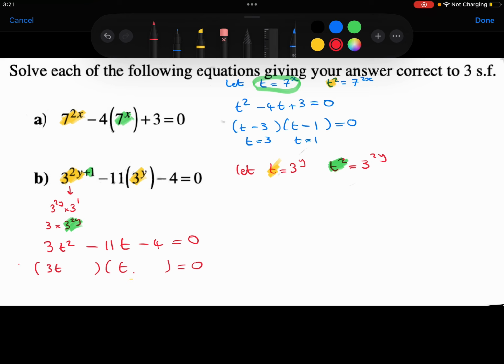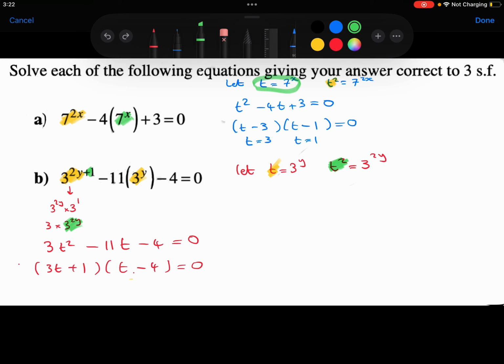I know it has to be a 3t and a t to give the 3t squared. I think it's going to be a 1 and a 4 to give the minus 4 on the end. Maybe a 1 and a minus 4 like this. So I know this times this gives me this, so that's correct.